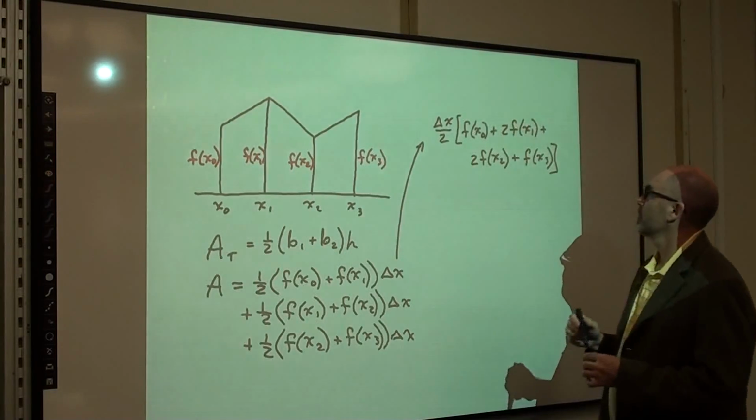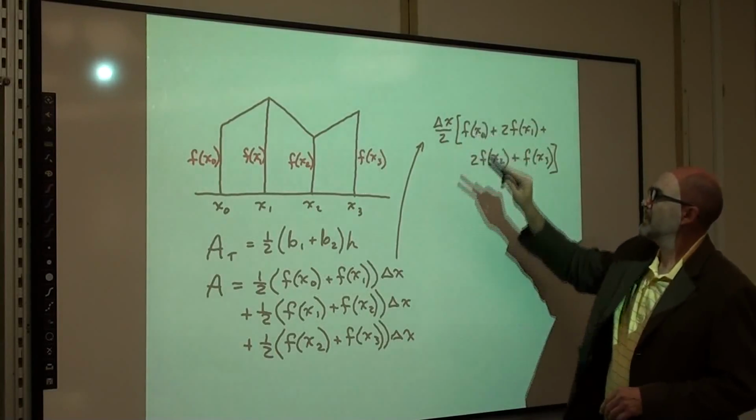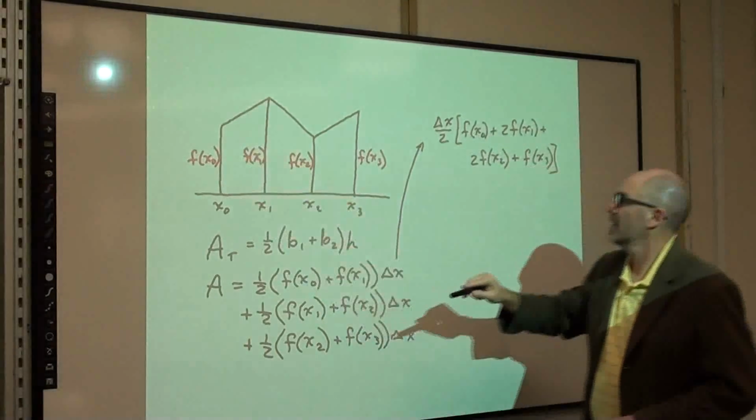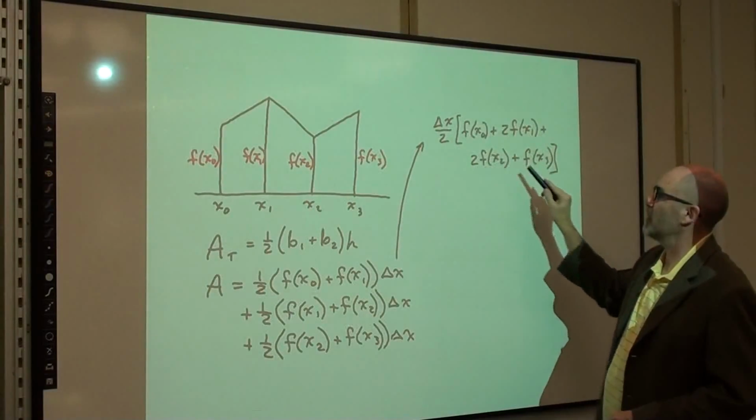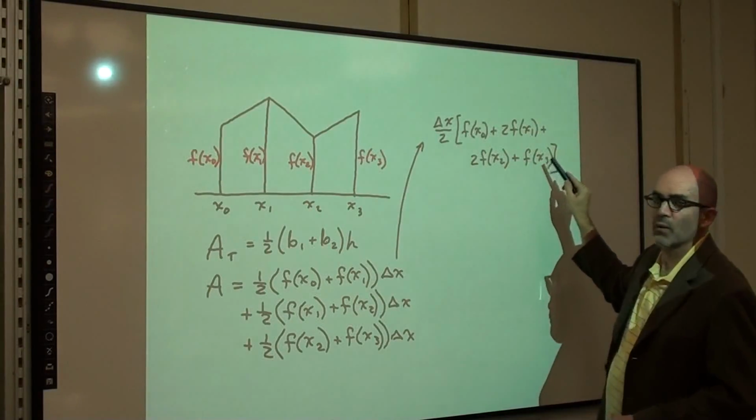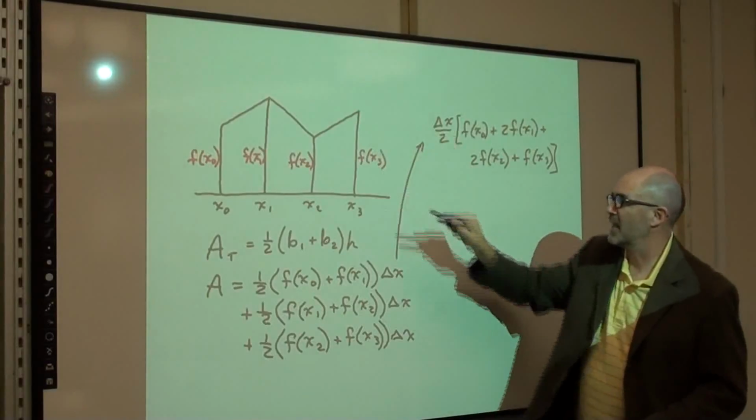So notice we have 1 times the first height and 2 times every height until the end, where we have 1 times the last height.